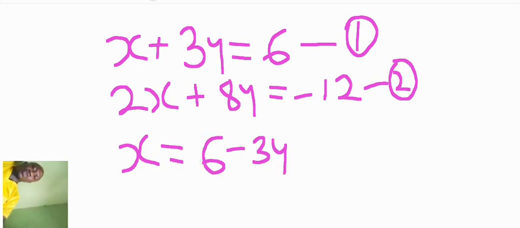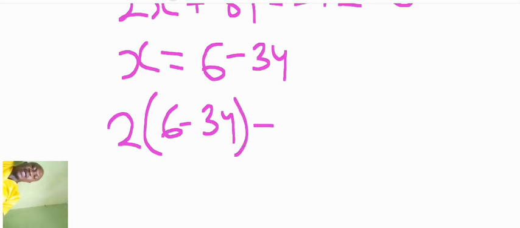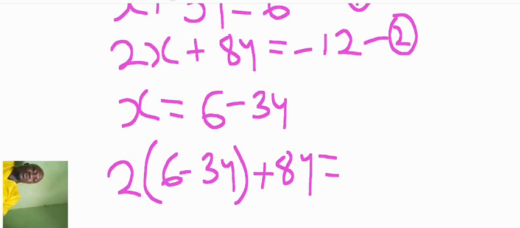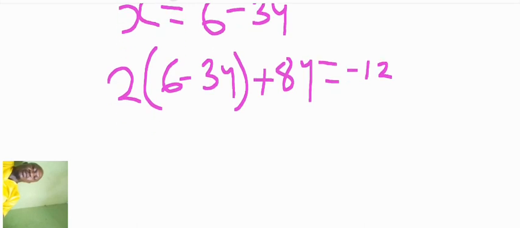So from equation 2, I have 2. What is my x? My x from equation 1 is 6 minus 3y, plus 8y, and this is equal to negative 12.